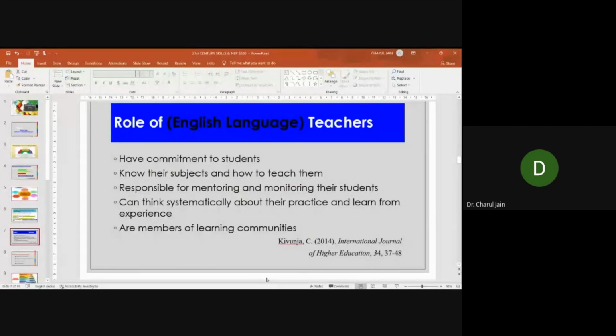And now I move on to the role of English language teachers. This again is from Kivunja's article, where they talk about what is the role of teachers in the 21st century skills development. Now, we have outlined in one of the previous slides what are the requirements of the 21st century, and it is very important.